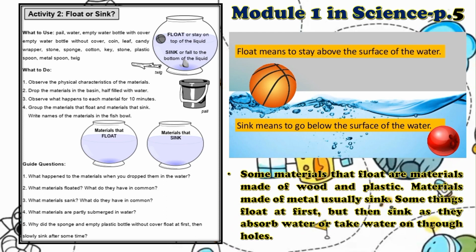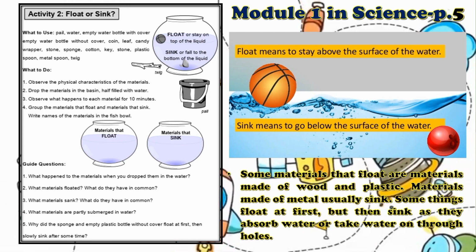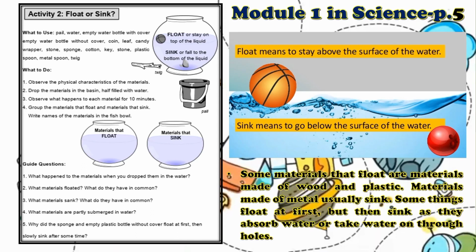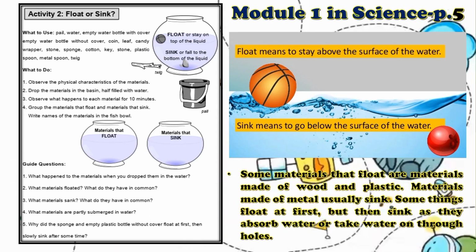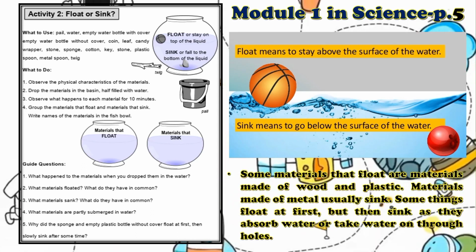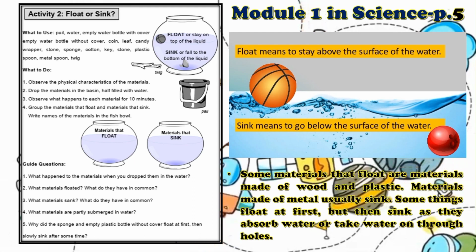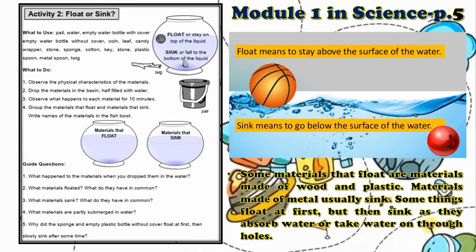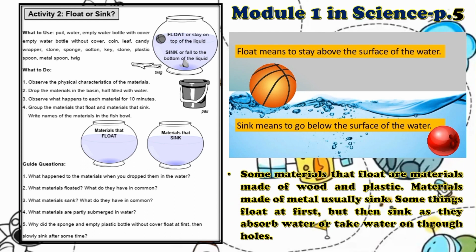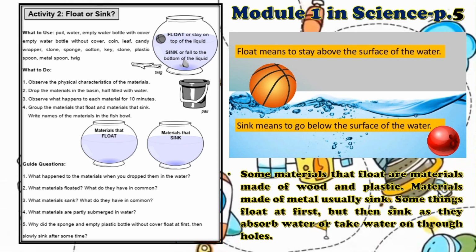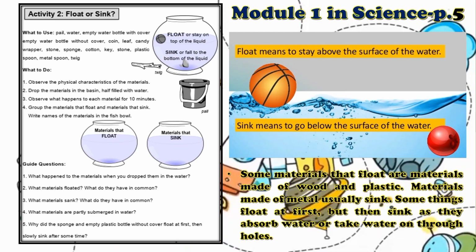Some stay partly submerged. Different materials do not sink all at the same time. Some sink very fast and some very slowly. Some things float at first but then sink as they absorb water or take water on through holes.